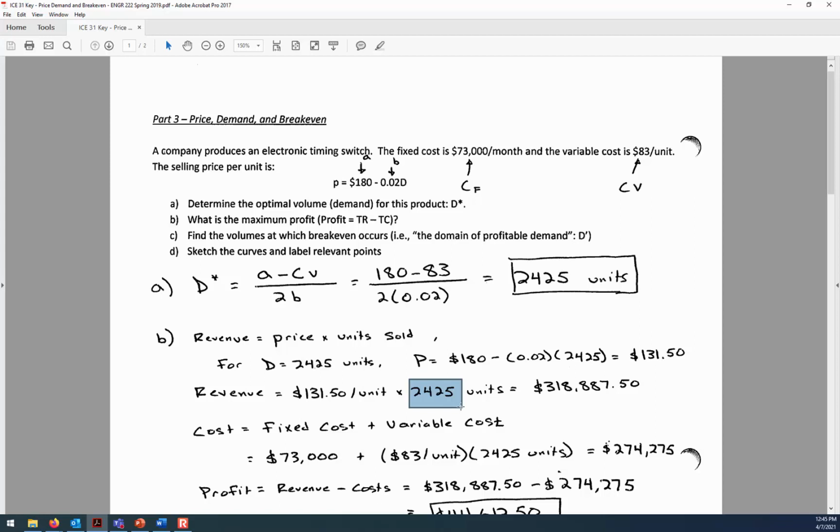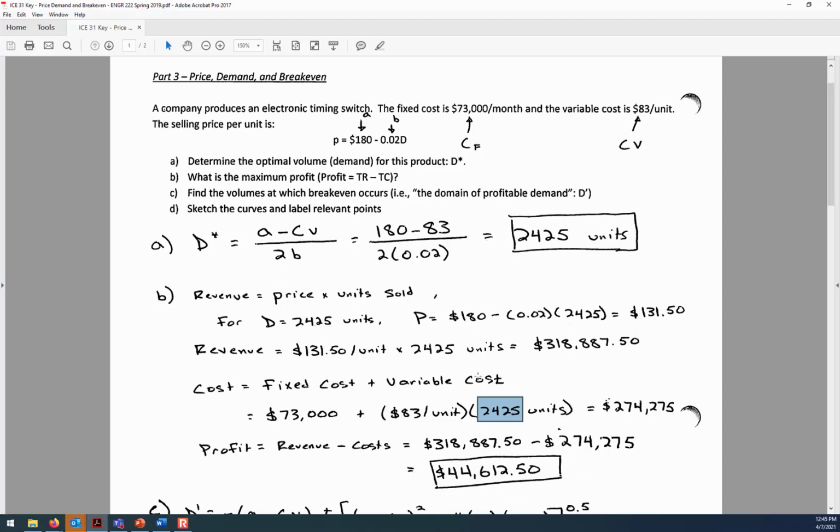And then the outgoing costs include the fixed cost and the variable. When we take into account the fixed cost of $73,000 and each unit costs us $83 in variable costs, and we're selling 2425, the combined cost is $274,275. And so therefore, here's our overall profit.